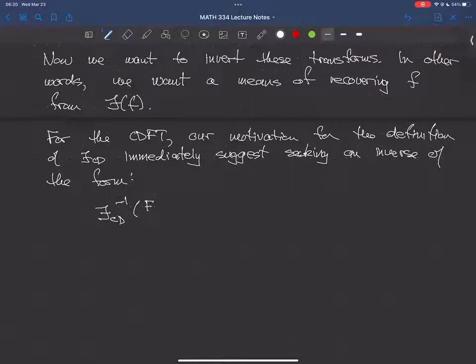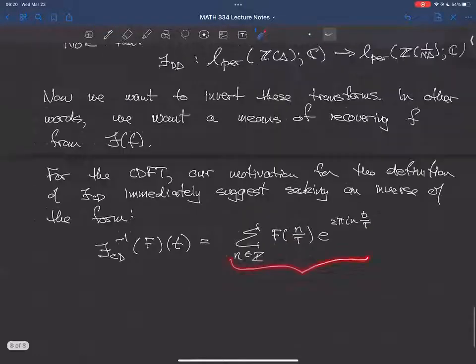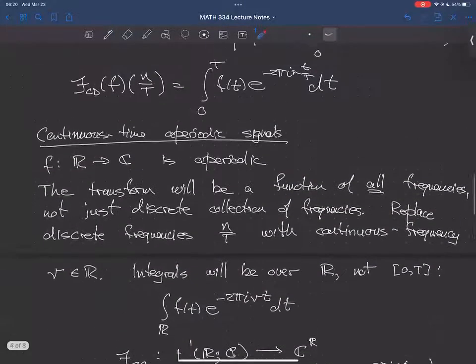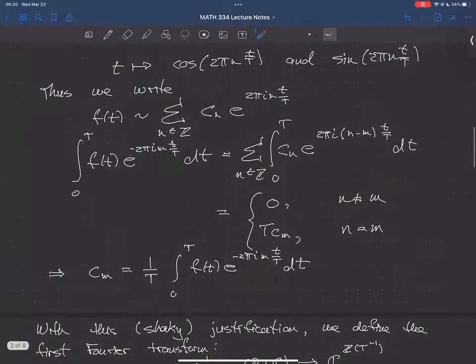And so F_CD inverse of F at t, okay, is going to be the sum, n in the integers, F of n over T, okay, e to the 2 pi i n t over T, okay, and so this, just to clarify, that formula is coming from here.